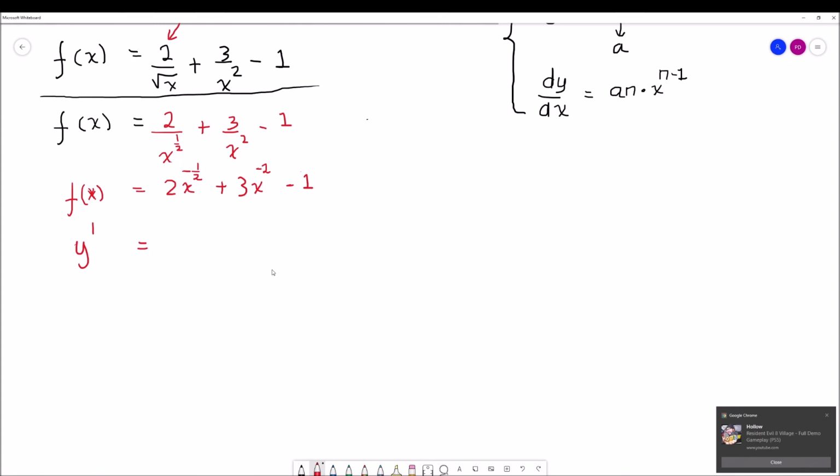So the first thing we'll do is that we have to multiply this negative power to this coefficient. So minus 1 over 2 times 2 will give you minus 1, and then x.